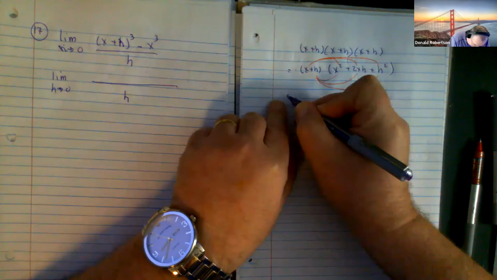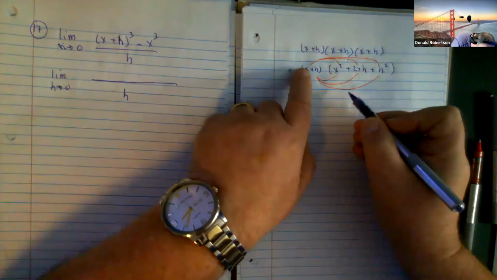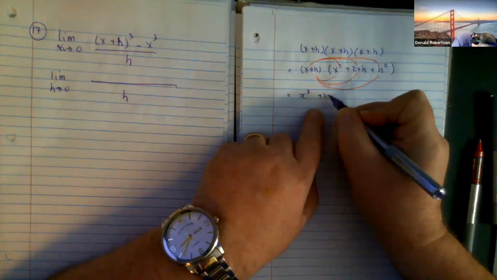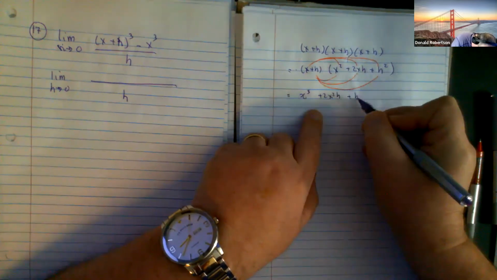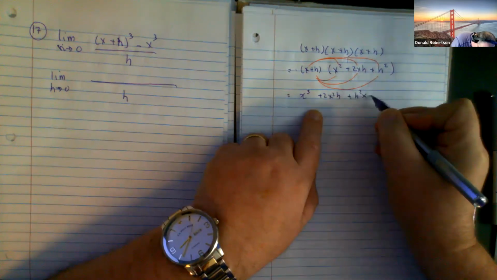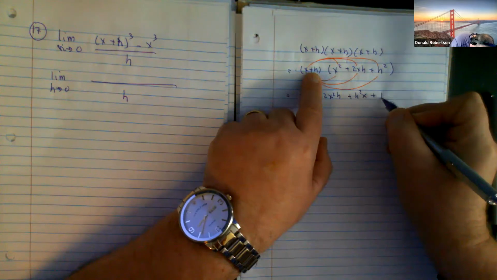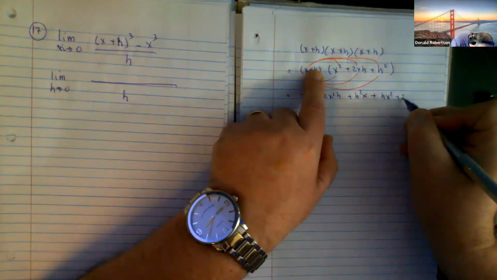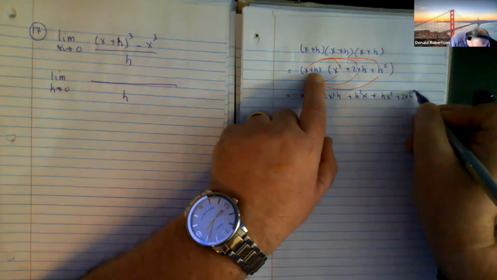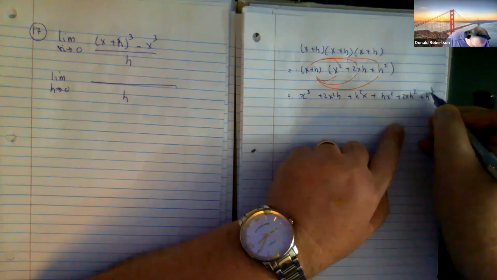So from the top, x times x is x cubed. X times this guy is 2x squared h. X times the one at the end is an h squared x. This times this is an hx squared. This times this is a 2x h squared, and this times this is an h cubed.